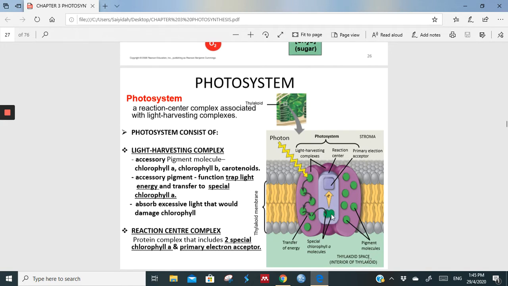Then the special chlorophyll molecules will be activated and transfer the electron from this area to the primary electron acceptor. That is what we have in the light harvesting complex and at the reaction center.